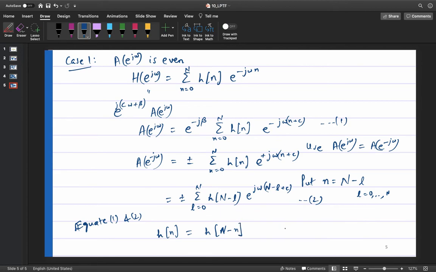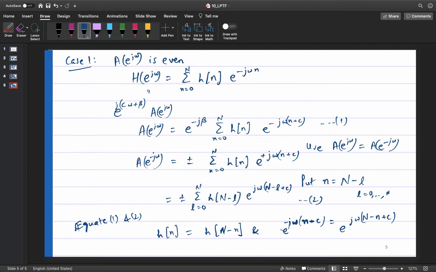And then the phase term also should be equated, which means my e to the power j omega n plus c with a negative sign is equal to e to the power j omega N minus n, it's a dummy variable, plus c.